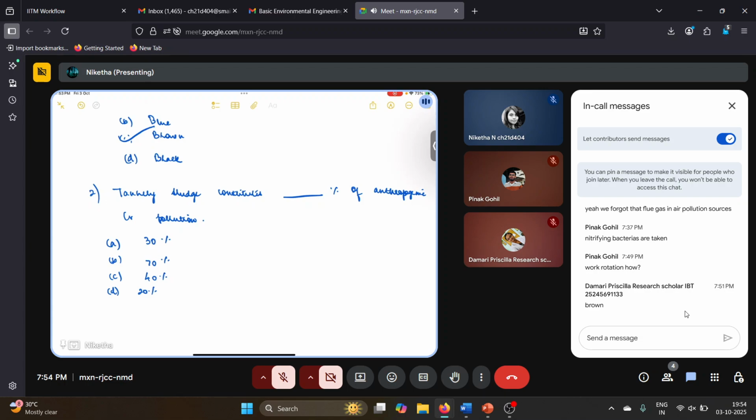We just saw what processes happen in a tanning industry, and I told you that chromium is used for getting a proper color. So what percent of that chromium will be taken out as wastewater? The question is, how much will that contribute to anthropogenic chromium pollution? By the way, anthropogenic means it is man-made.